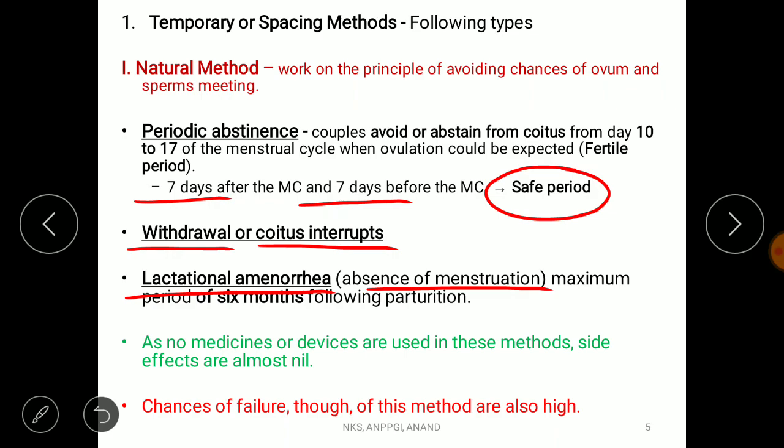And it is almost a period of 6 months after parturition. In these methods, there is no use of medicine or device, so there is no side effect at all, right? But the chances of failure in these methods are very high.